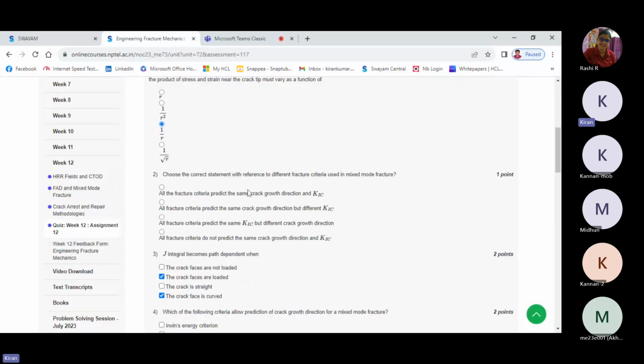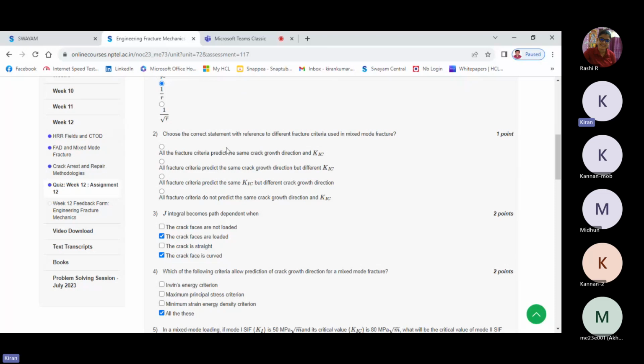Yeah, the other question, this question I am not sure. Could someone please help me? Out of all these things, which one is the answer?